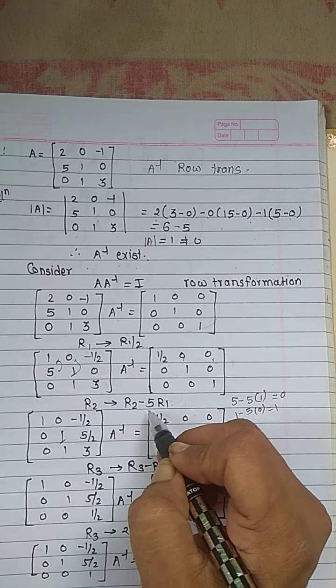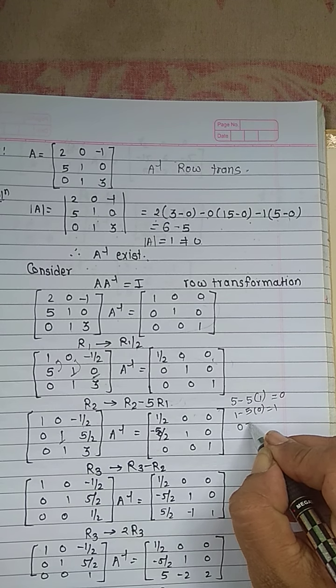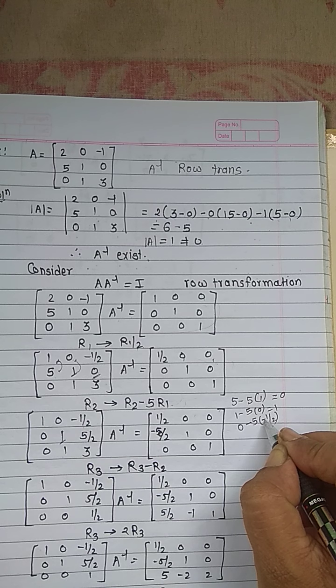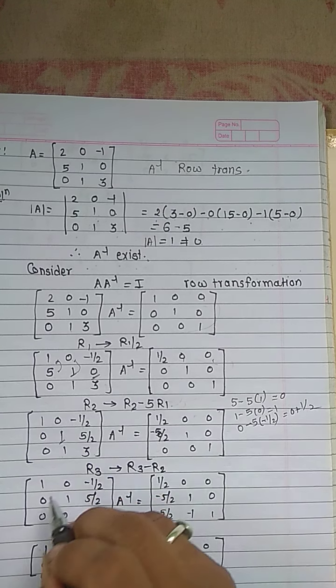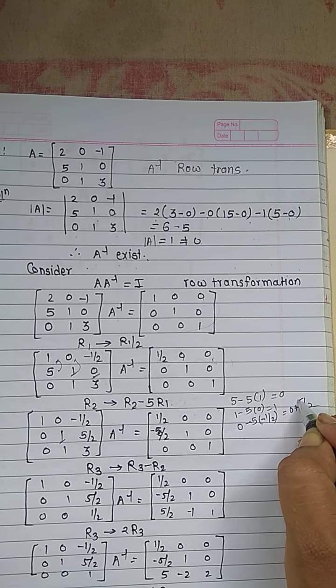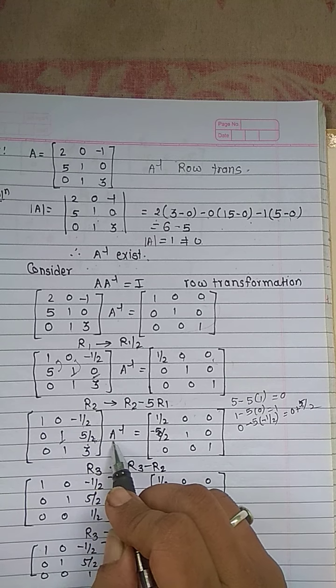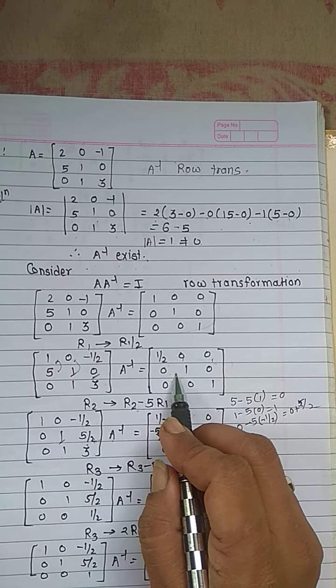These elements are written as 1. And the third element of R2 is nothing but 0 minus 5 into minus 1 upon 2. Minus into minus is plus, that is 0 plus 5 by 2, written as 5 by 2. Similarly, operate this operation on the I matrix also.